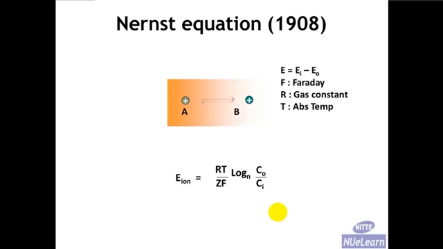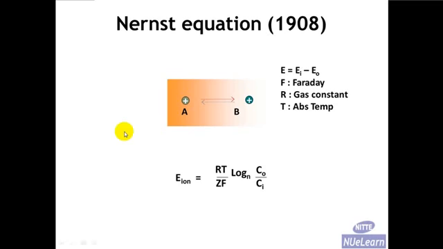Now, this was actually formulated almost 100 years ago by Nernst, and I think many of you would be familiar with the Nernst equation, which is a formulation of what we have discussed in a descriptive way over the last few minutes. So what does the Nernst equation say?